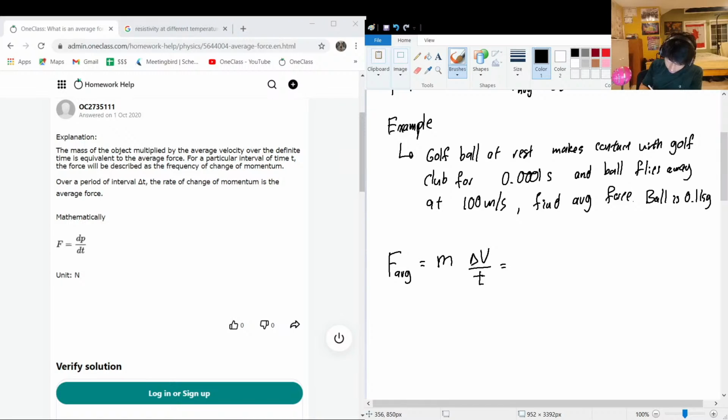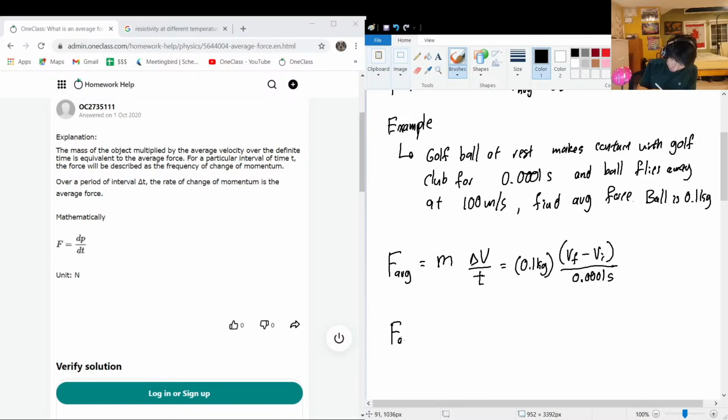The mass is 0.1 kilogram. Our initial velocity is, final minus initial, over the time, which is 0.0001 seconds. And we know that the final velocity is 100 meters per second.